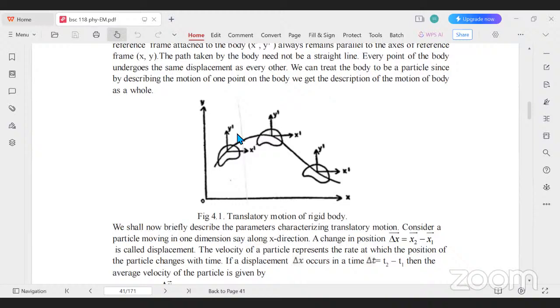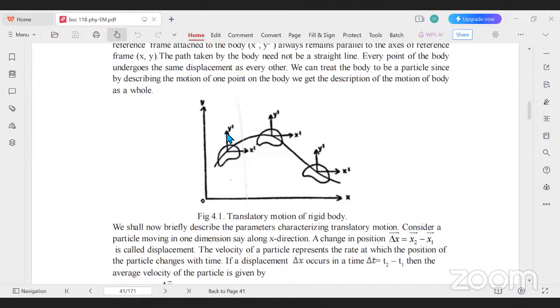I'm writing for that coordinate only, not including this. If I want to find for behind that coordinate, that will also be the same X, Y, Z only. We can say X double dash, Y double dash. Got it?